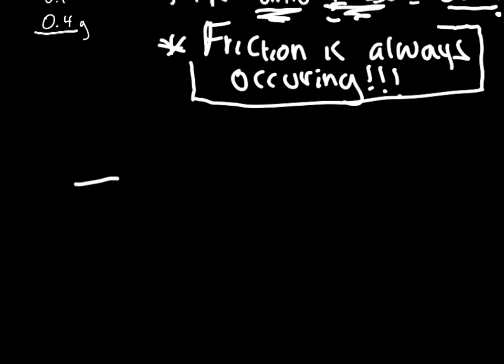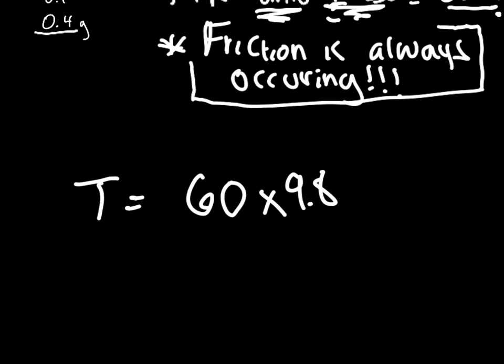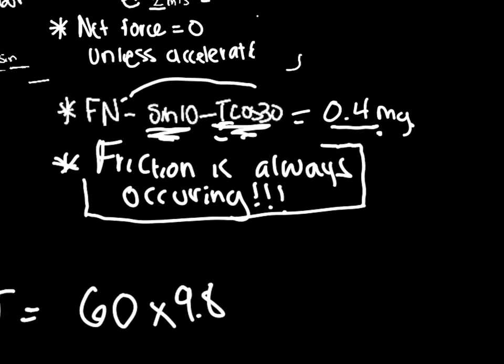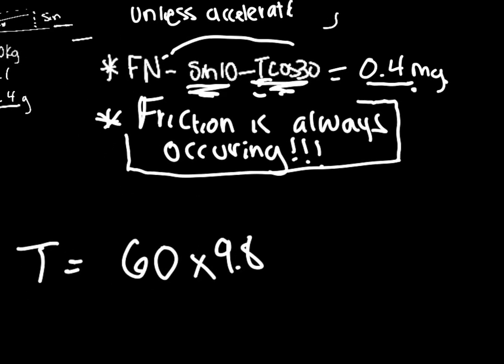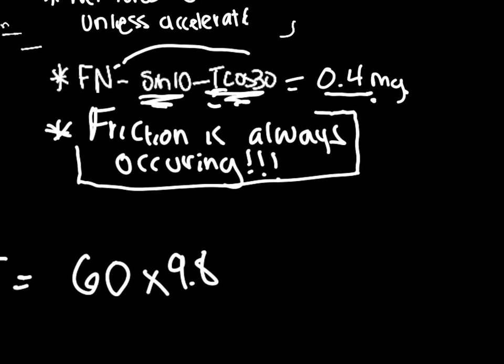So we're going to say that tension is equal to 60, which is the mass of Sammy, times 9.8, which is gravity, okay? And this number, I didn't pull out of nowhere. This number, 60 times 9.8, is this number, mass times gravity.